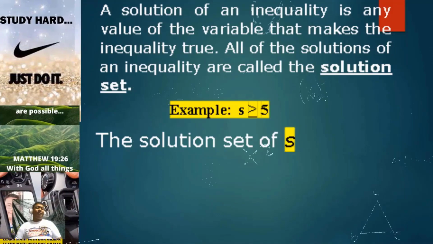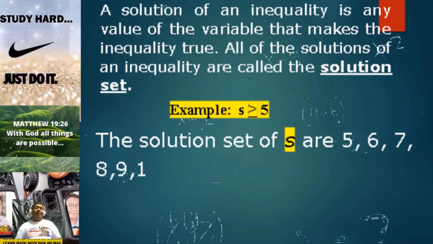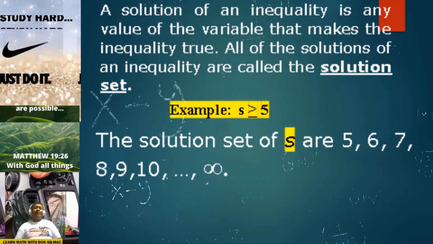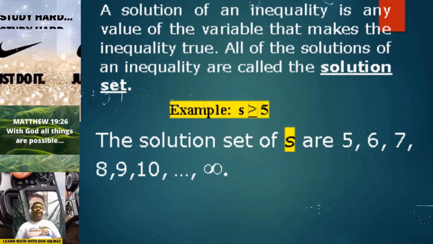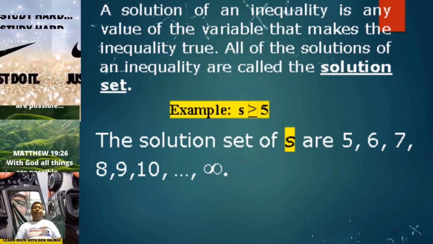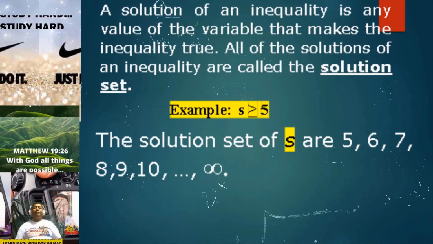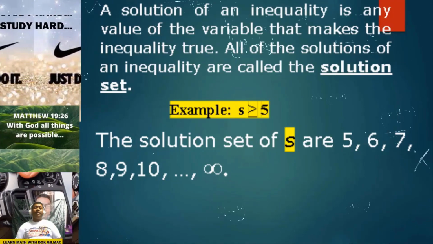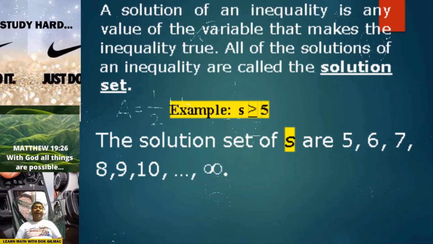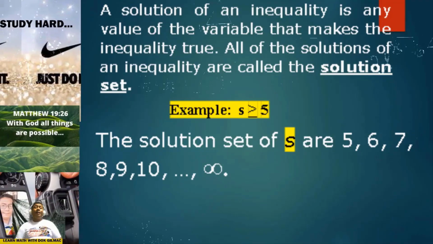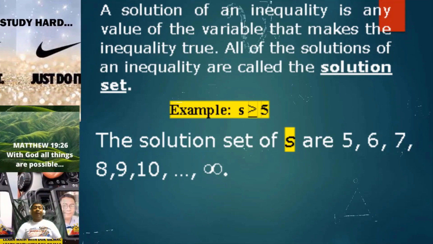The solution set of S are 5, 6, 7, 8, 9, 10 up to positive infinity. These sets of numbers are numbers that are greater than or equal to 5.